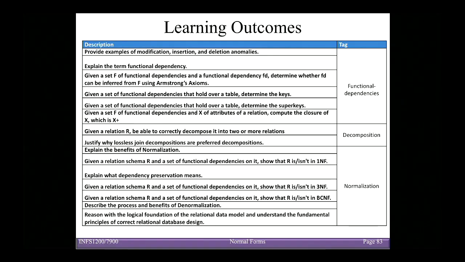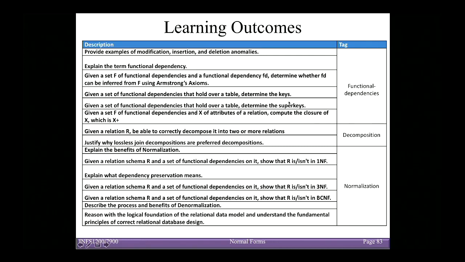All right, learning outcomes for this module. So we've talked about examples of modification, insertion, and deletion anomalies, explained the term functional dependency. Given a set of functional dependencies, you can infer F using the Armstrong's axioms. Given a set of functional dependencies that hold over a table, determine the key. I'm going to turn this down a little. My microphone.